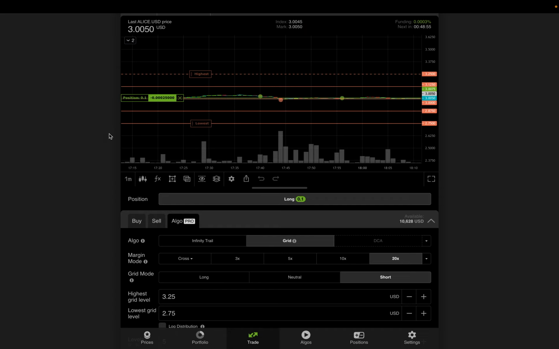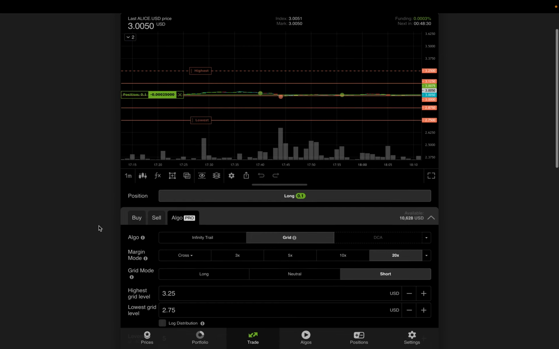So short mode, from the name of it, is used when you believe that the price is likely to go down, and this way you basically put a short grid here, and if the price indeed does go down, you won't be holding the bag, you will have a neutral position and zero risk, right? And of course, there is no free cheese.